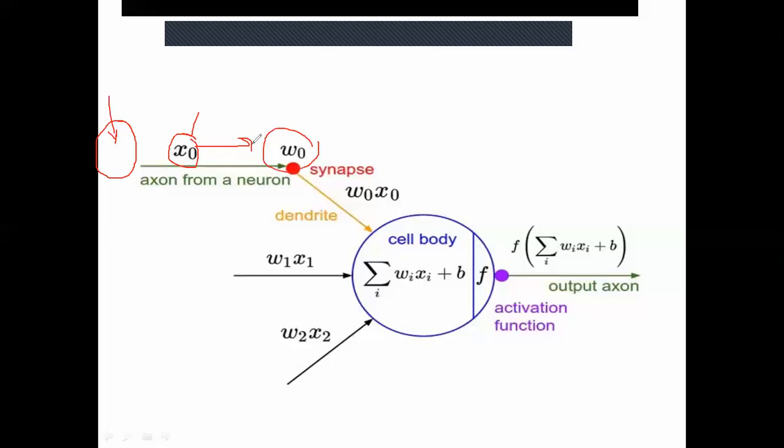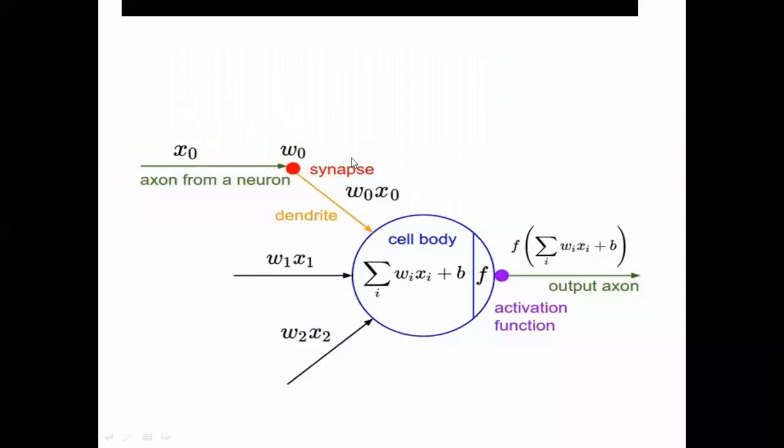Suppose this is very important, so the weight added to this is 1. And suppose this is not very important, so the weight added to this is 0.5. So synapses are adding the weights depending on the importance of each input. All these inputs multiplied by their weights go to the cell body, or you can say the node, the cell nucleus. What is happening after this, I will tell you later on.